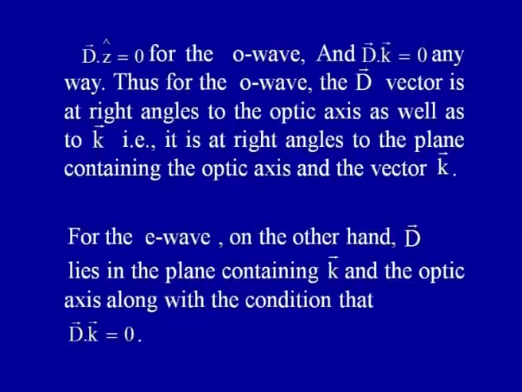This means the direction of vibrations for the ordinary ray is at right angles to the plane containing the optic axis and the vector k. For the E wave, on the other hand, the electric displacement vector D lies in the plane containing k and the optic axis, along with the condition that D dot k is 0.